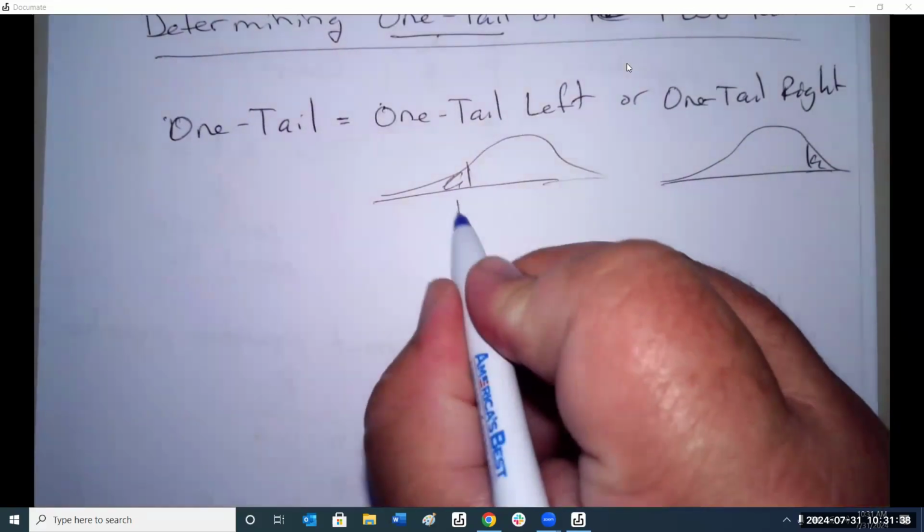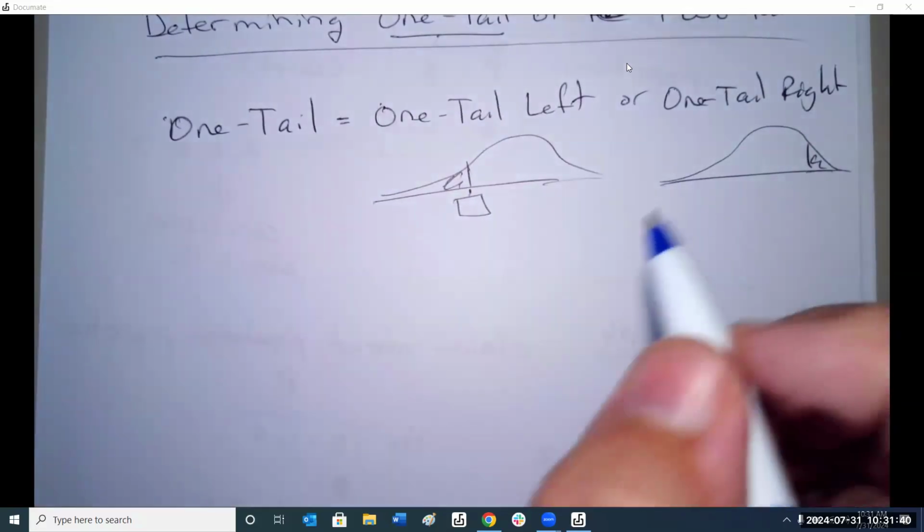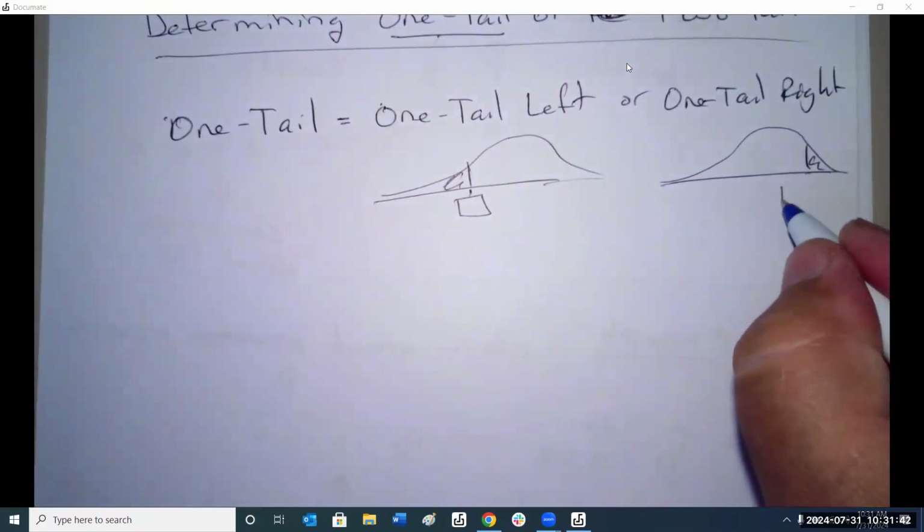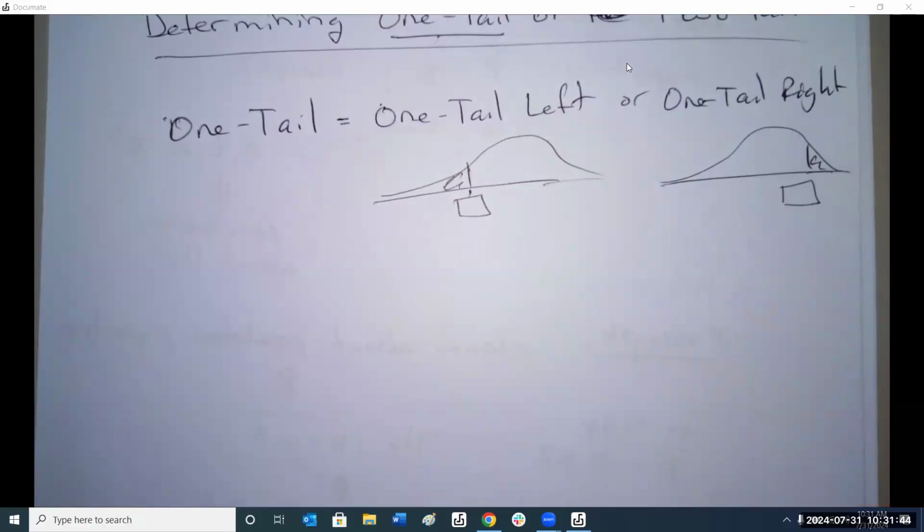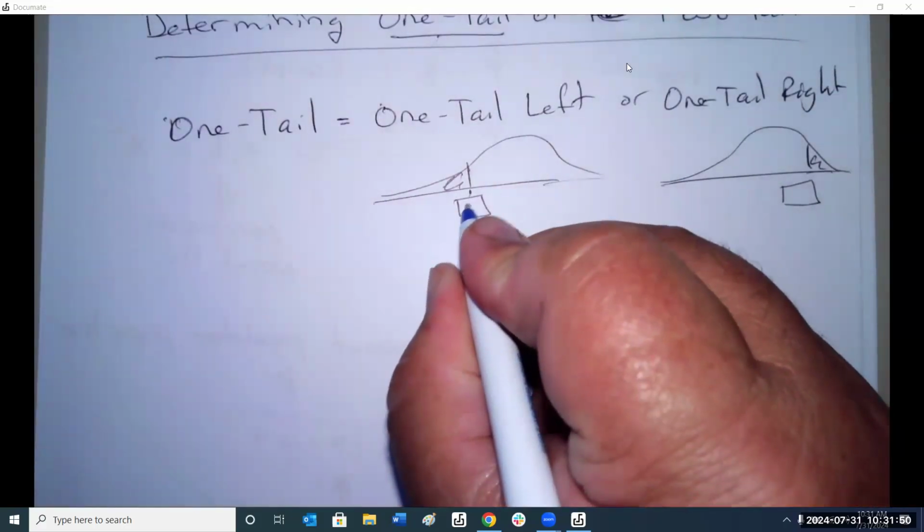And what number corresponds to this line here? What's that called? The critical value. That's the critical value, CV.